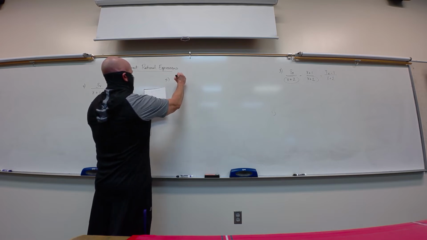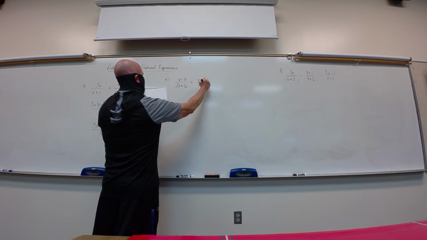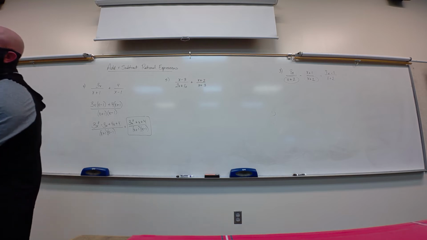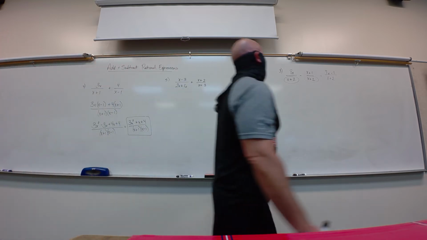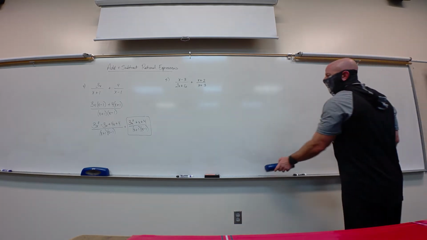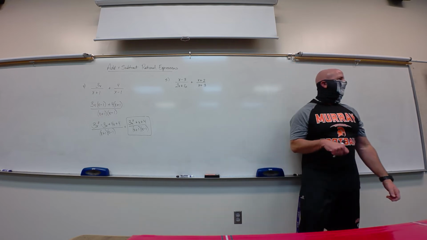So let's look at something like this. x minus 3 over 2x plus 6 plus x plus 2 over x plus 3. This will give us a little bit of that factoring idea. When I look at that first denominator, the 2x plus 6, I can factor that. Always check and make sure your denominators are in lowest terms.